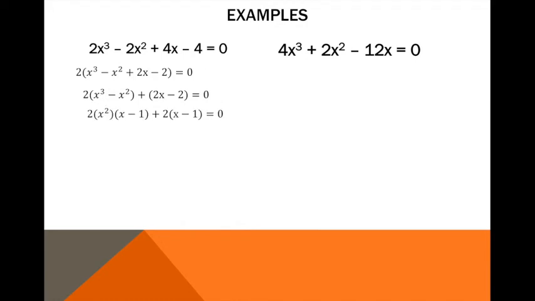So I can factor out a 2x from this side and a 2 from this side. And then remember, we keep the outside and we keep one of the insides. So this becomes 2 parentheses x squared plus 2 times x minus 1 equals 0. So now I need to divide by 2.